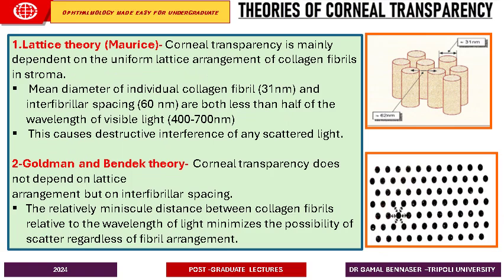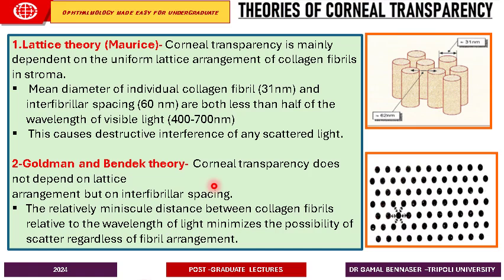As we have said before, one of the main functions of the stroma is to keep the corneal transparency. And this corneal transparency is related to a large extent to the special and peculiar arrangement of the collagen fibers within the stroma. Many attempts have been made to explain the theories behind this transparency of the cornea.